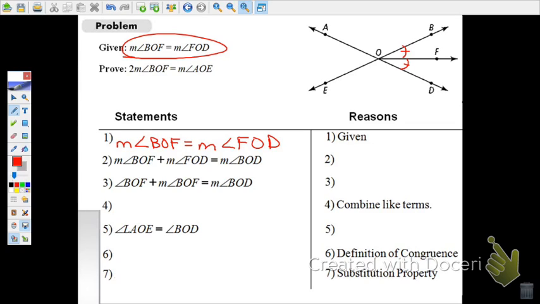Substitution is when we're substituting in something into something we already have. What? Angle addition postulate. 2 small angles equal the big angle. Angle addition postulate.